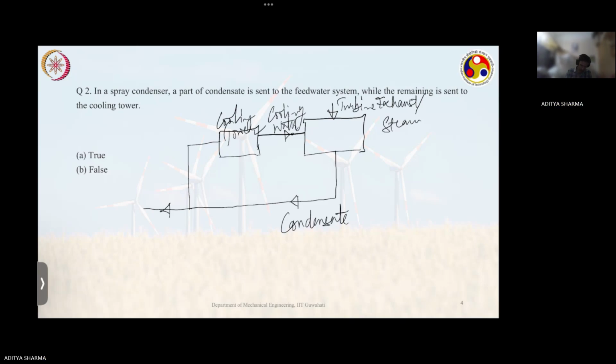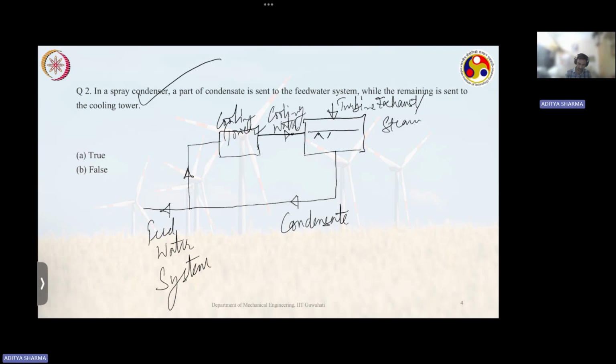So some part of your condensate goes to your cooling tower in your spray type condenser, while other is sent to your feed water system, where it is sprayed like this.